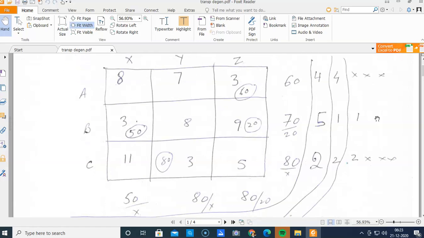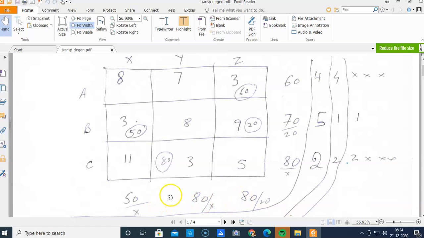This is the problem, and A, B and C are availability centers, whereas X, Y, Z are demand centers. These are the costs: 8, 7, 3, 3, 8, 9, 11, 3, 5. Now we have to obtain the initial solution. These were the availabilities: 60, 70, 80, and the demands: 80, 80, 50.